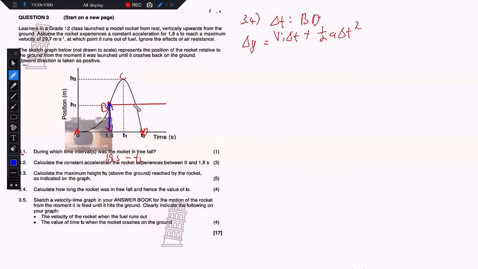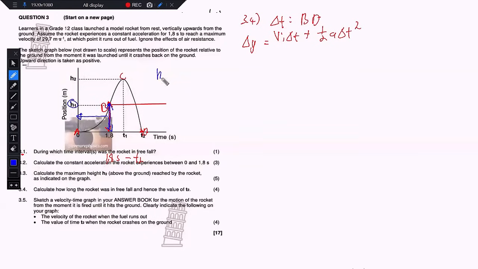But then now from this point going down, this will be the displacement. This is the shortest distance between point B and point D. So this will be the displacement. But note that the displacement is equivalent to the height that we got from 0 all the way to H1.